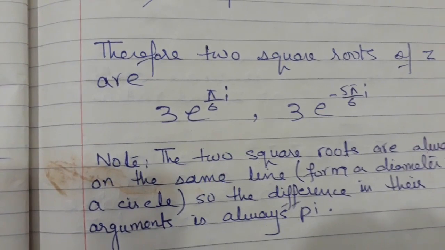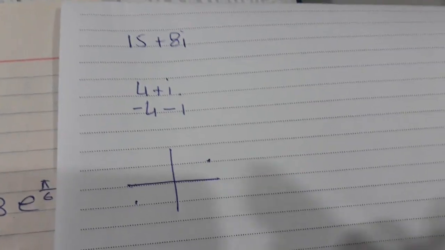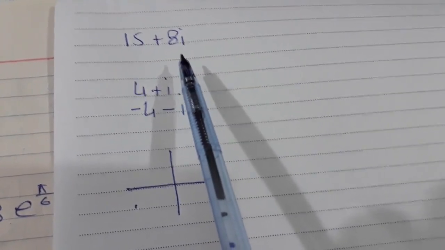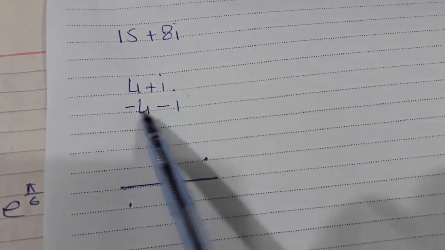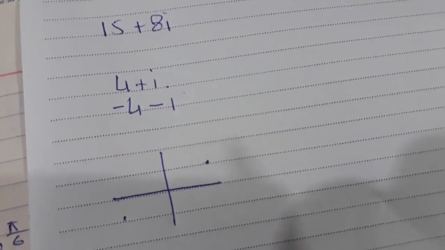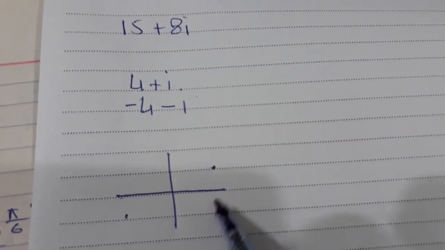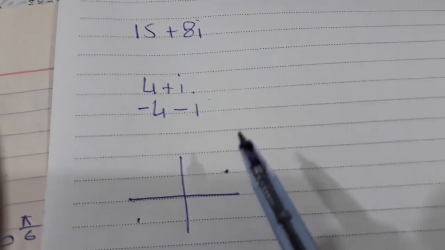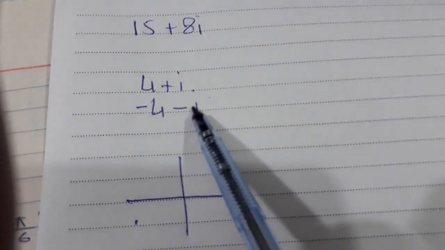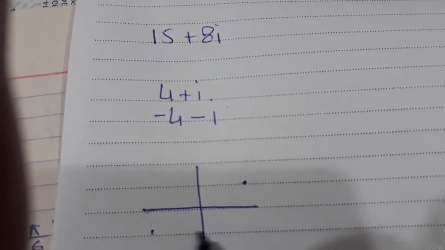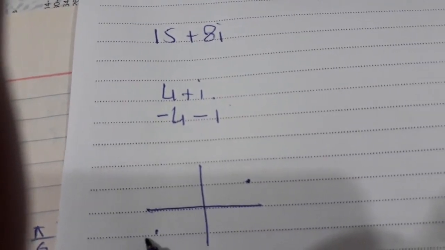If you remember, let me put one example here. In the previous video, when we were finding the square root of 15 plus 8 iota, this answer came. Now 4 plus iota means I am in the first quadrant. This is my real axis and this is my imaginary axis, so my point will be here, and the other square root is minus 4 minus iota, so minus here and minus here, so this is my point. So this makes a straight line.